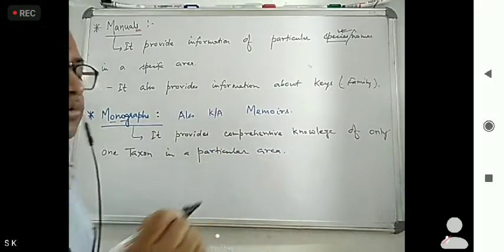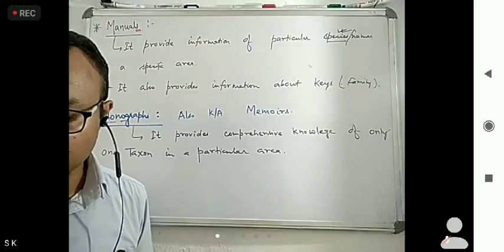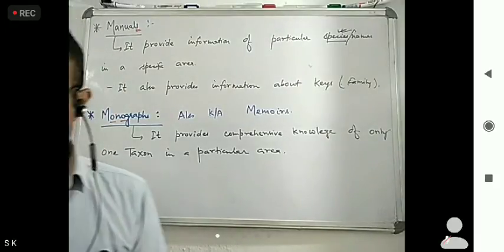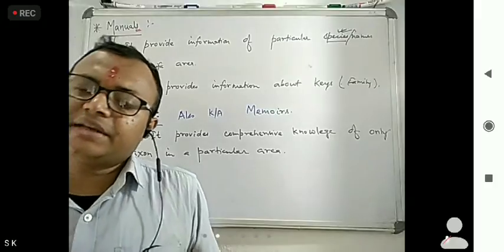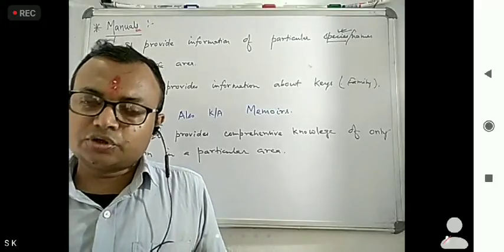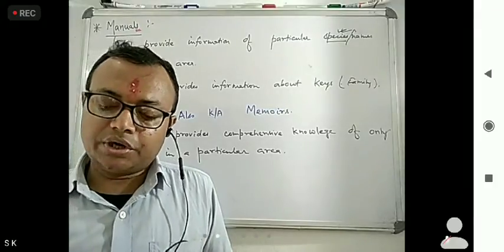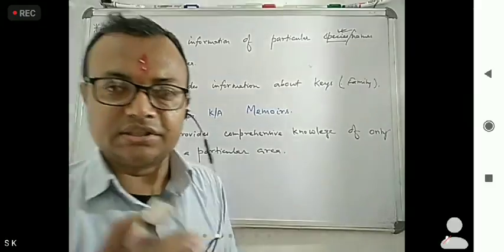Okay, so that is known as monographs. Okay, now the next taxonomic aid is catalogues and periodicals. That is the last one.